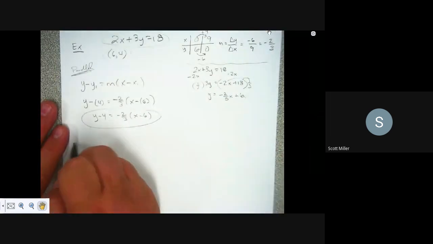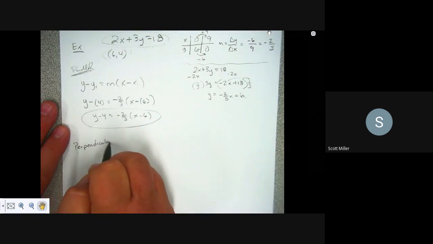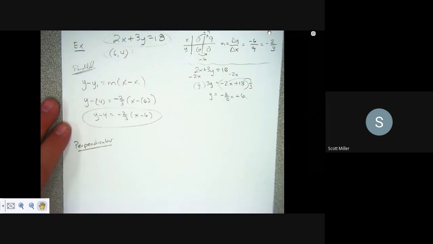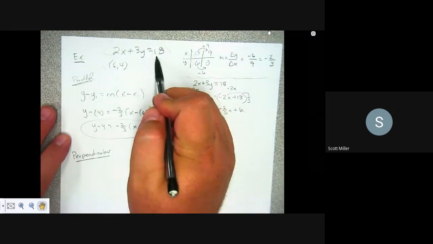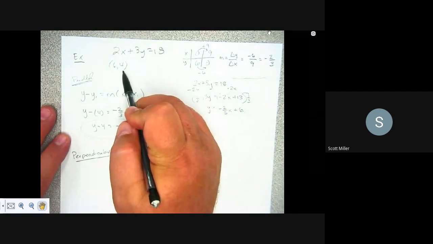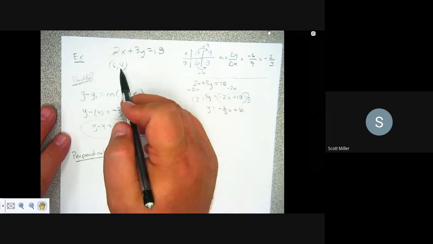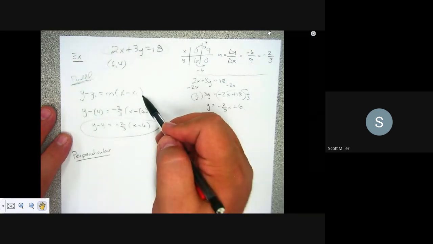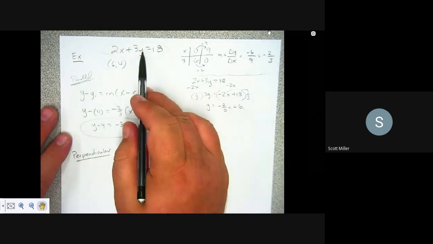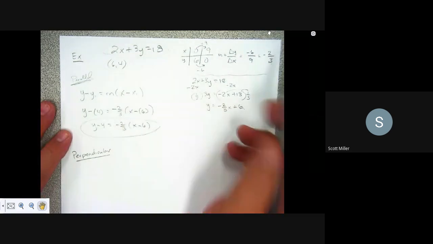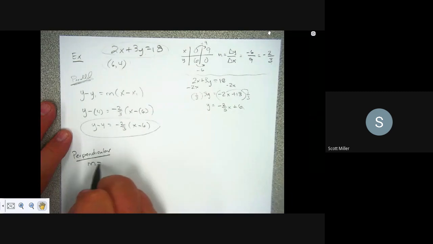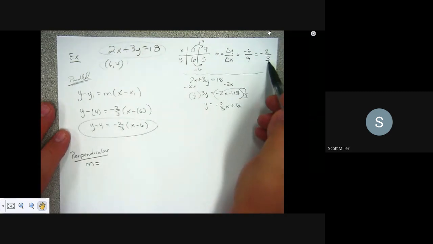What if I want to find the perpendicular? I want to find the perpendicular line to this line that goes through that point. Well, we have the point, we have the formula we're going to use. What I need is to know the slope of this line, which I have. The slope of my line is the negative reciprocal of that, which means flip it over and change the sign.